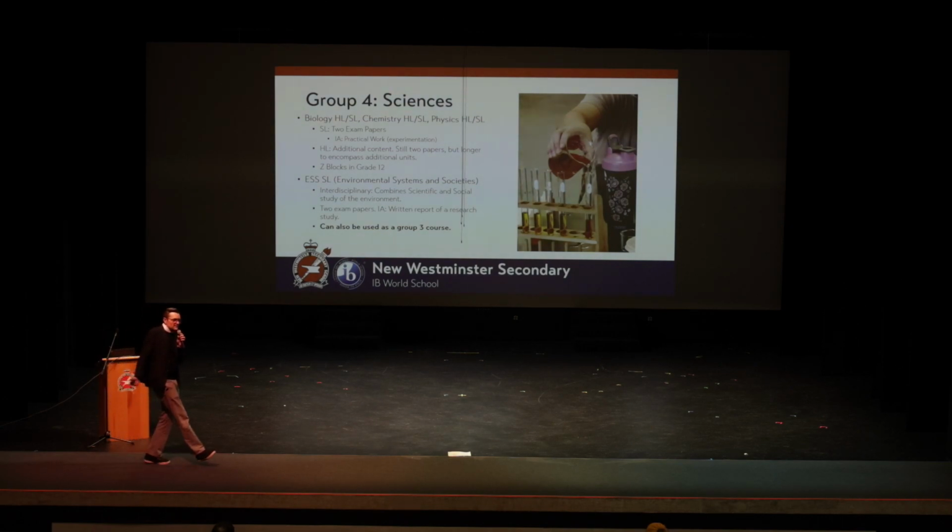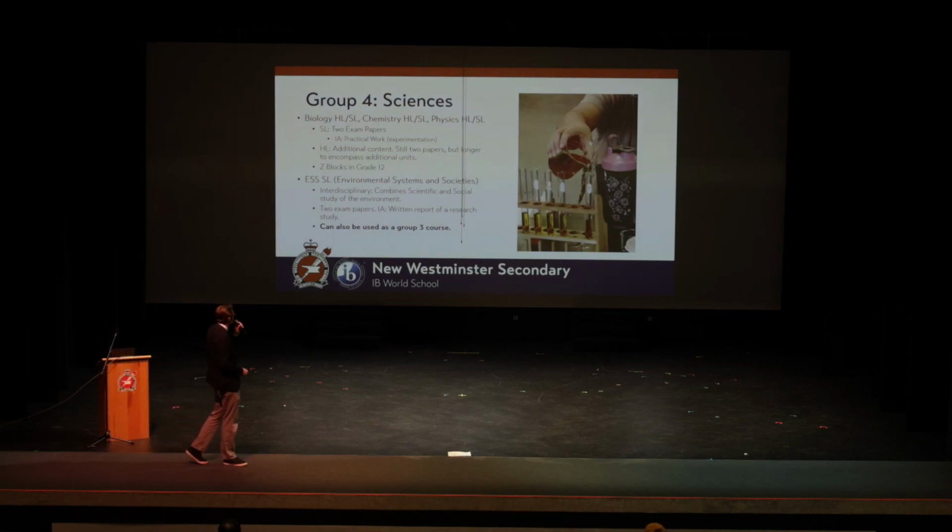On the flip side, if you are somebody who is really interested in sciences, you could take 2 of the major sciences like biology and chemistry, or chemistry and physics, and then you could take the environmental systems course as your social studies option. So you lean a little bit more heavily into the sciences in that way.